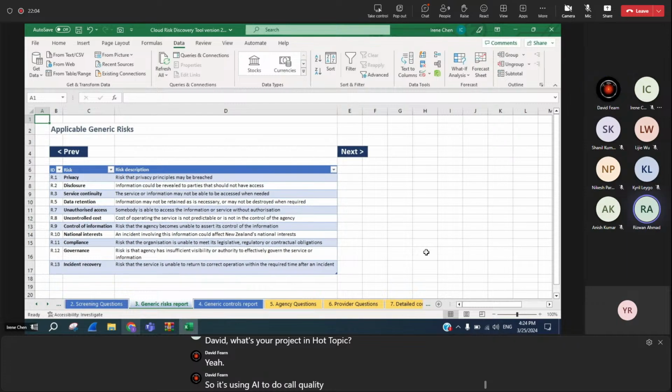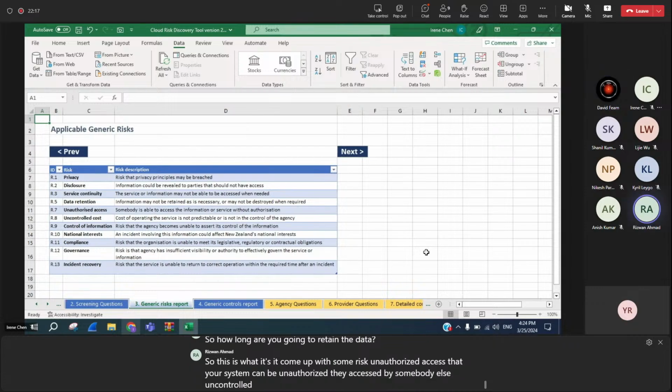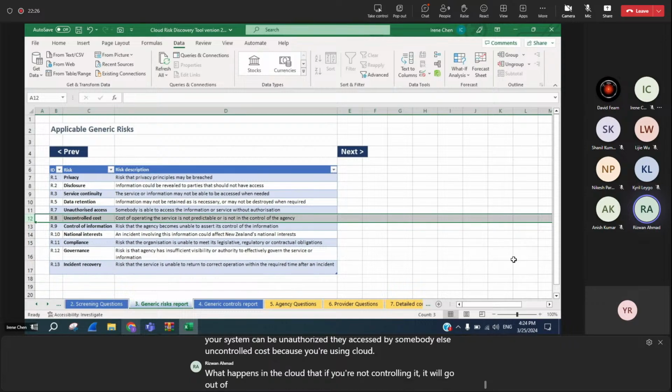So how long are you going to retain the data? This is what it came up with. Unauthorized access, that your system can be accessed by somebody else without authorization. Uncontrolled cost, because you're using cloud. If you're not controlling what happens in the cloud, it will go out of your way.